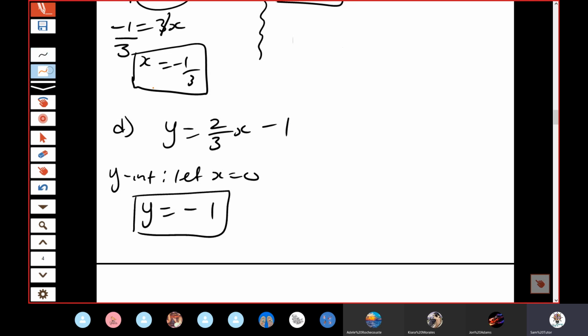And then the harder one, x-intercept, you'd let y equal to 0. So now this y value is 0. Okay, what do we do now? How are we going to solve for x here?